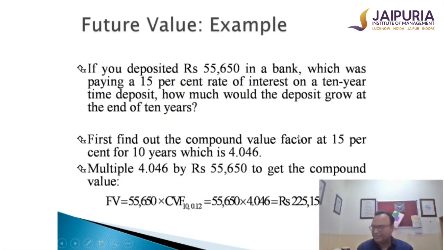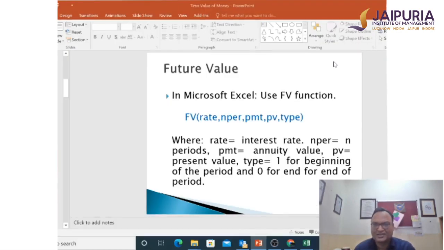And let me take another example: if a person deposited 55,650 in a bank at a 15% interest rate for a 10-year time deposit, how much money will the person get? Let me solve this through Excel.